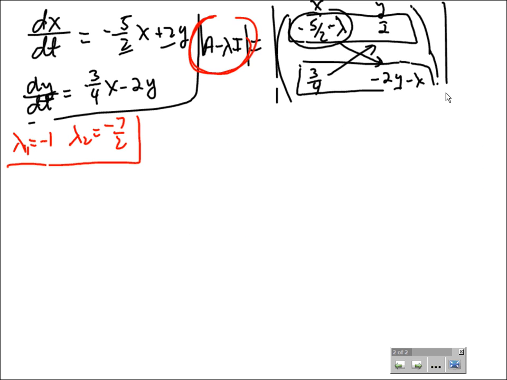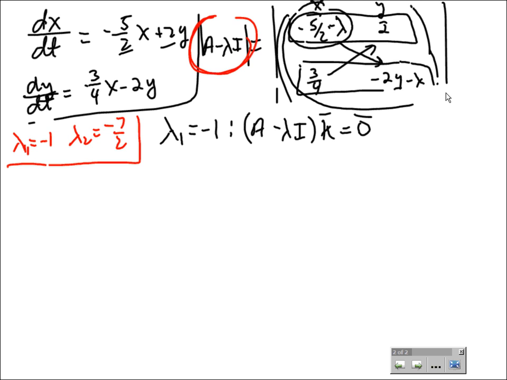So at this point, we do just like we did last time. We're going to deal with lambda 1 being -1. And we want to solve A minus lambda I times vector k is the 0 vector. So here's our A minus lambda I, where lambda is -1.